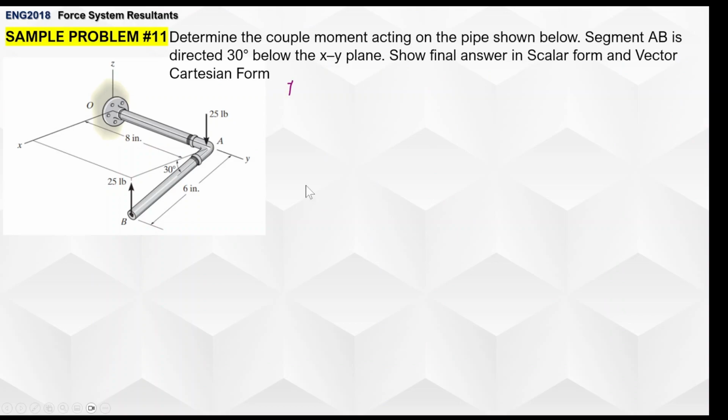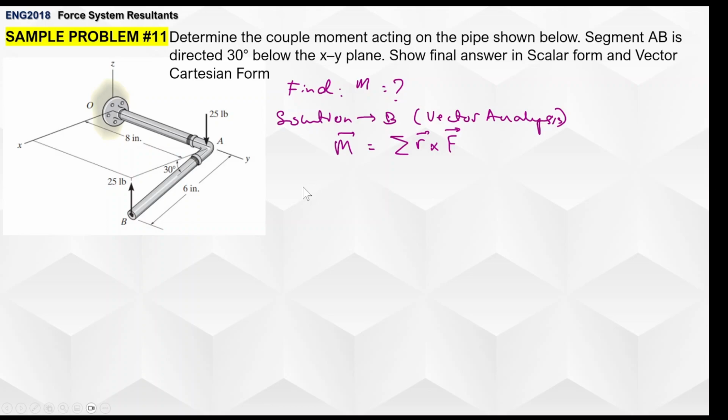So let's try the vector analysis now. Let's try the cross product. Let's do it mathematically and see if we could arrive at the same answer of 129.904 j hat.